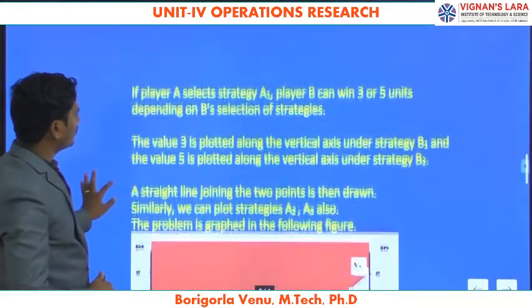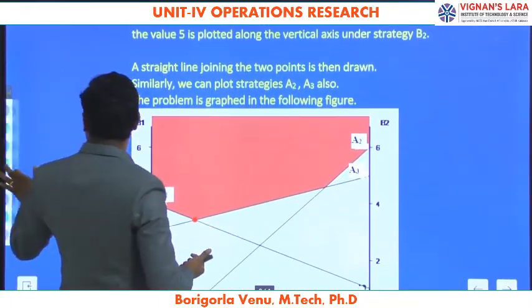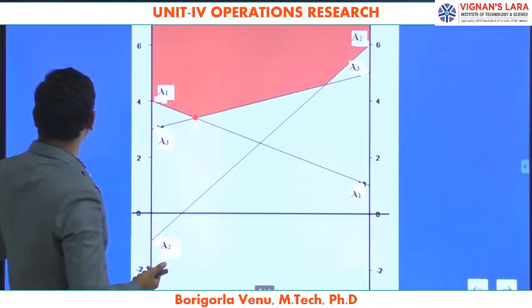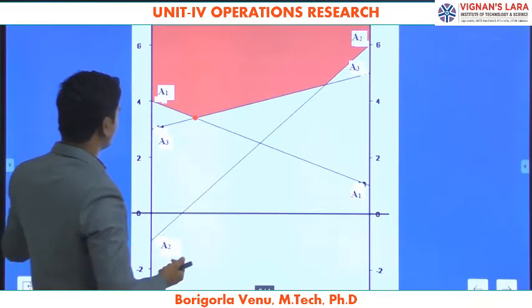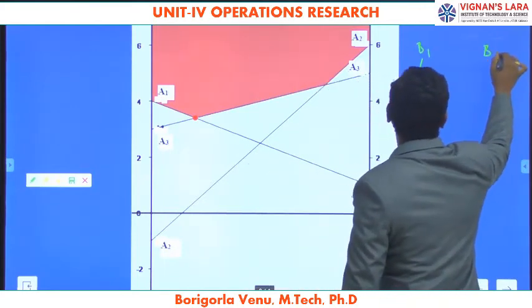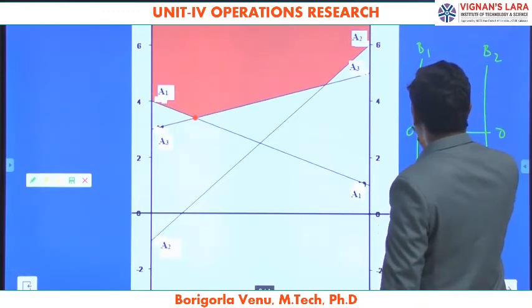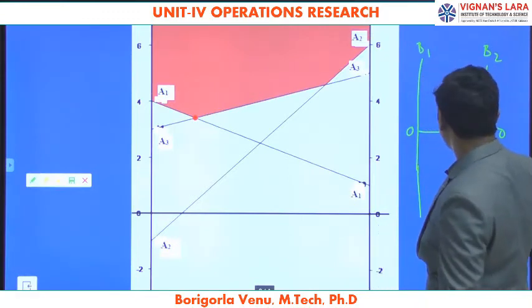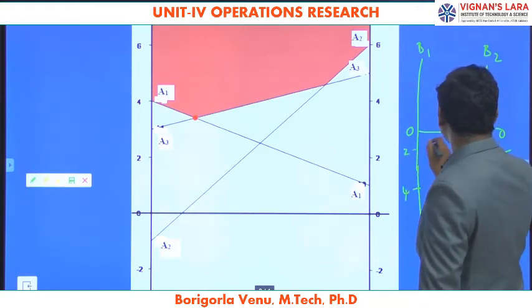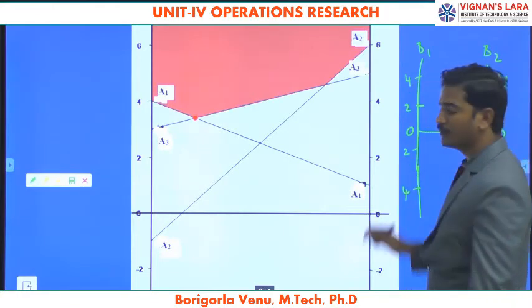Here first we are going to take the two axes, that is 1 and 2, for B1 and B2. Here I am going to take the scale, that is 2 units, minus 2, minus 4, 2, 4, like this I am going to take.